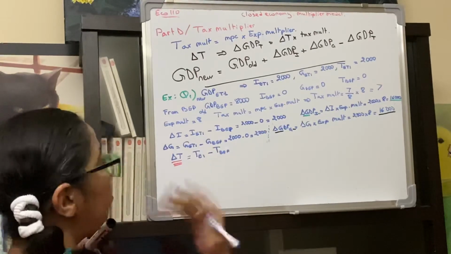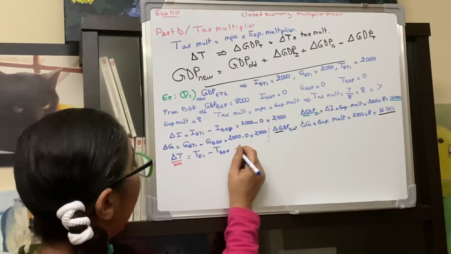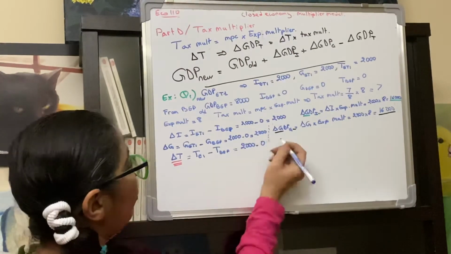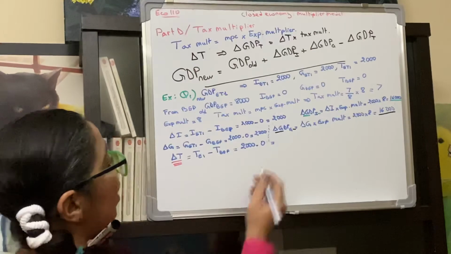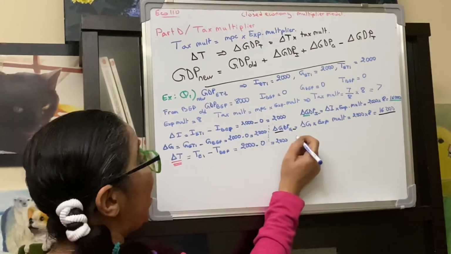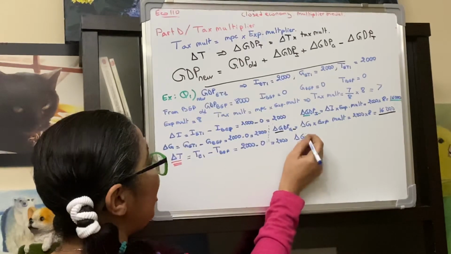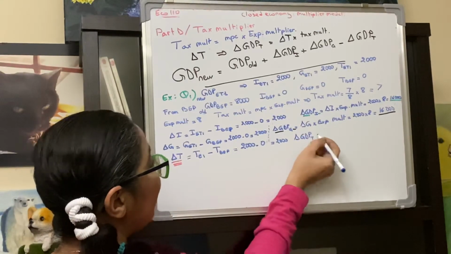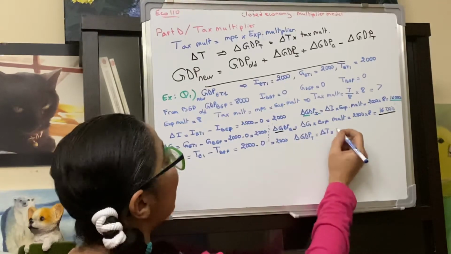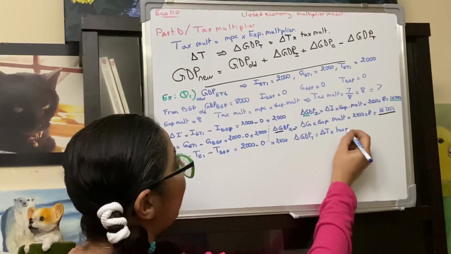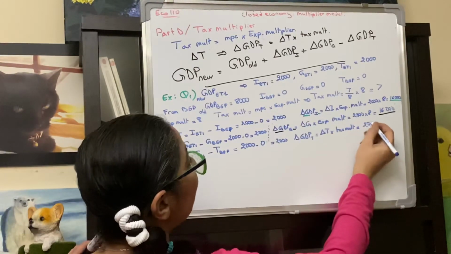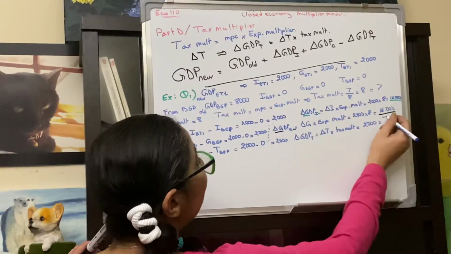The tax at BEP is already gone, which is equal to 2000 minus 0, which is equal to 2000. Okay, now delta GDP due to tax is equal to delta T times the tax multiplier, and that's where it's different, which is equal to 2000 times 7.